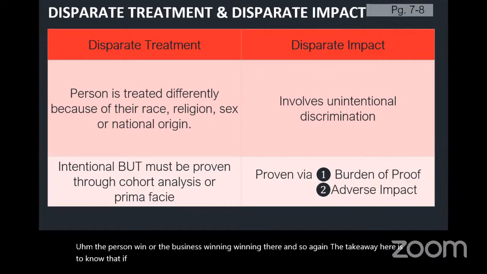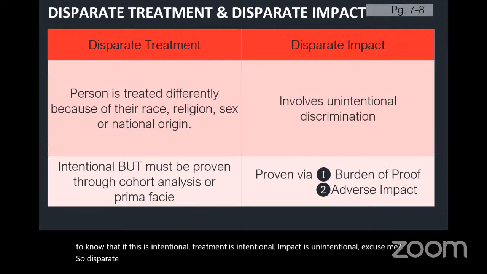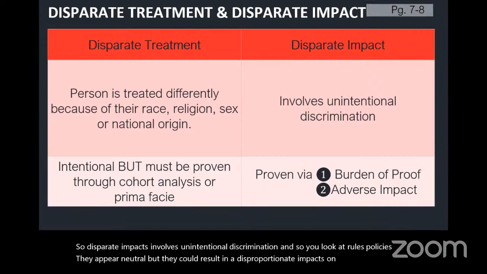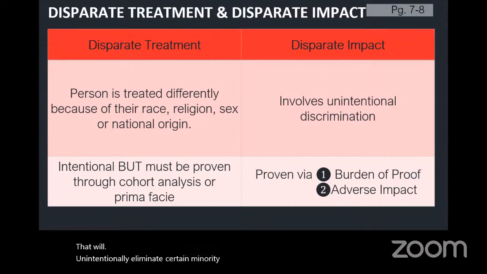The takeaway here is to know that treatment is intentional. Impact is unintentional. Disparate impact involves unintentional discrimination. You look at rules and policies that appear neutral, but they could result in a disproportionate impact on a particular group. The example I can think of is testing all applicants and using results from that test that will unintentionally eliminate certain minority applicants disproportionately.